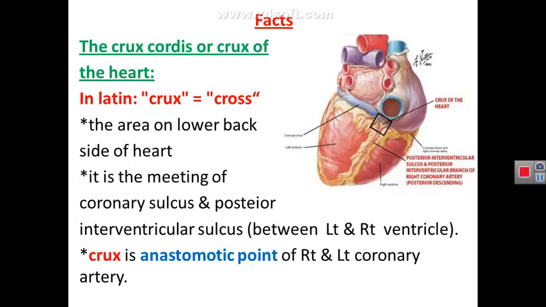So there is a region which is pointed there, called the crux of the heart. This region represents the point of intersection between the posterior interventricular sulcus and the coronary sulcus.